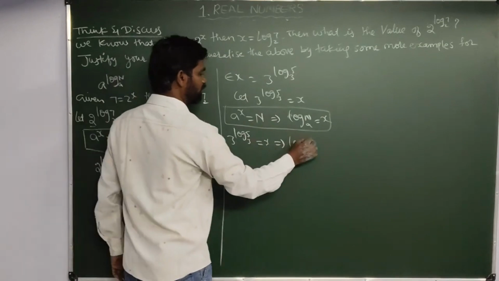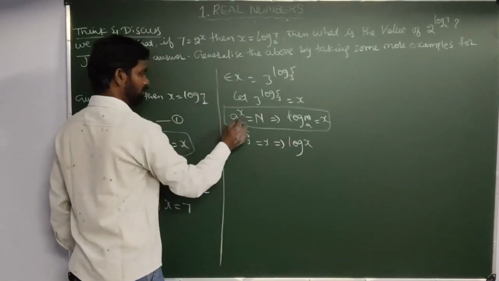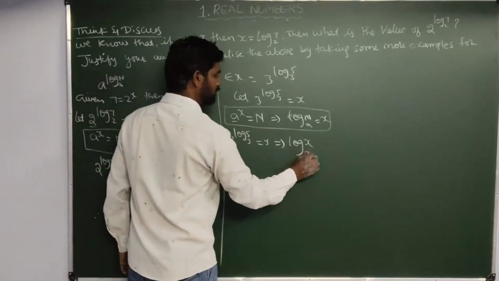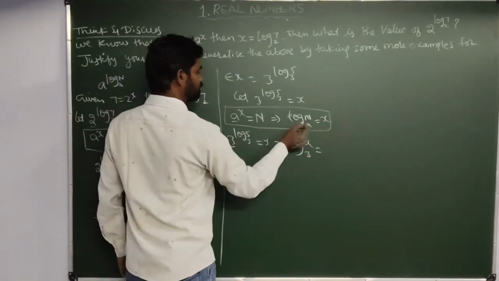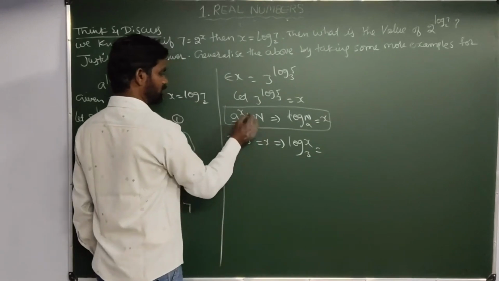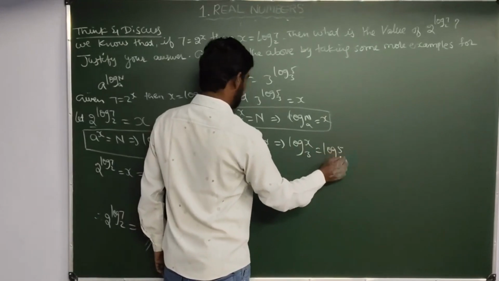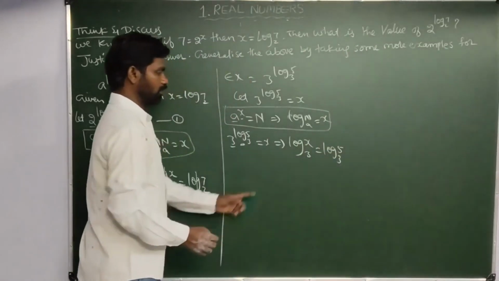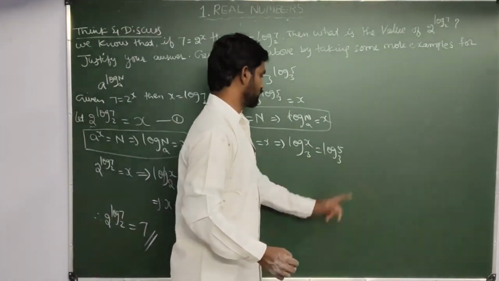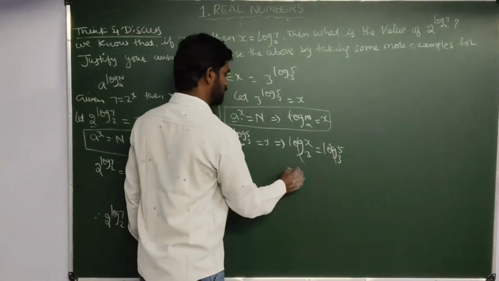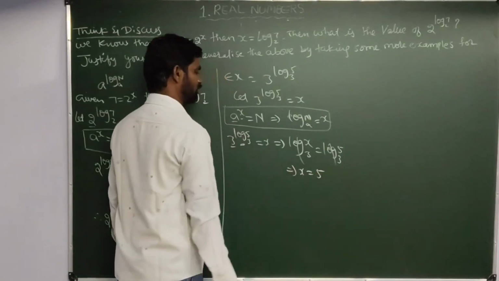In the place of n we have x, base a. What is a value? A value is 3. Right, here base 3, x. What is x? So here x value is this one: log 5 base 3. So if you observe, log with base 3, log with base 3, both are same. So we can cancel, or simply we can write x is equal to 5.